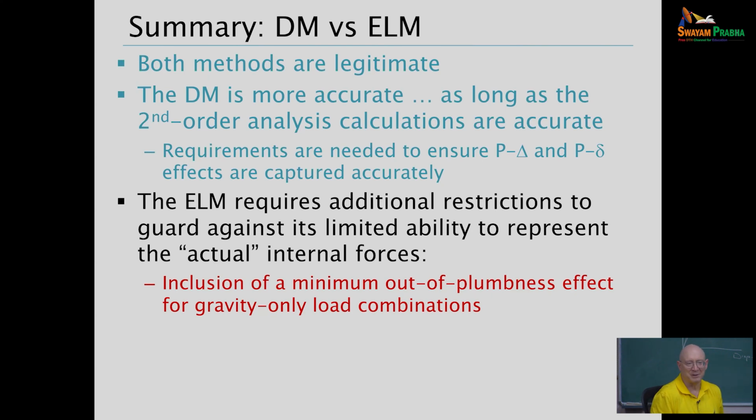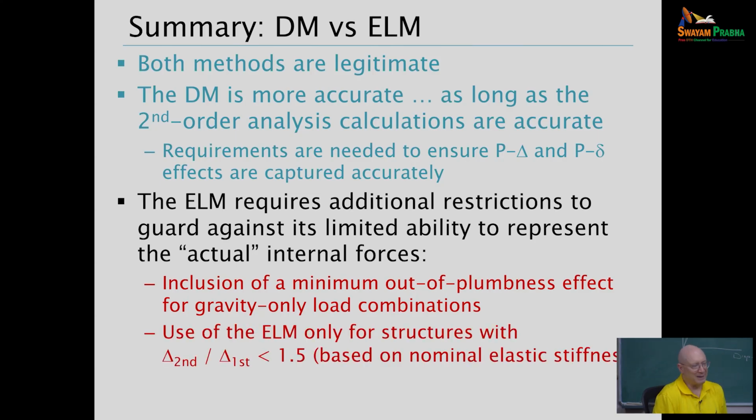I see the Indian code also does that with a 0.005. And in AISC practice, if you're designing by the effective length method and your B2, the ratio of second order lateral displacement to first order lateral displacement, is greater than 1.5, then the code tells me I'm not allowed to use the effective length method. I have to go to the direct analysis method.